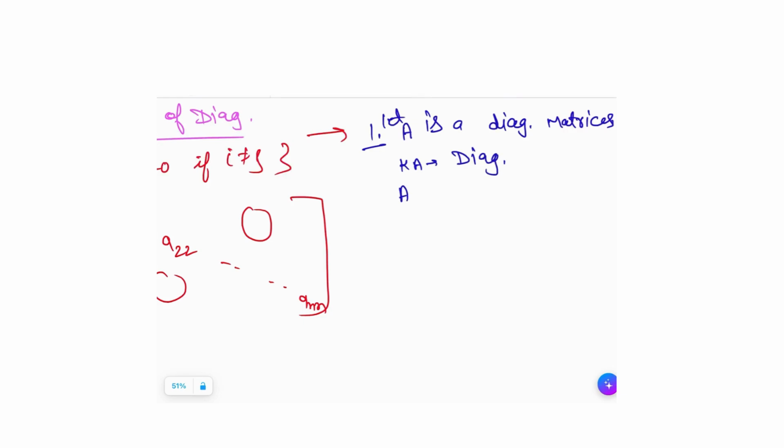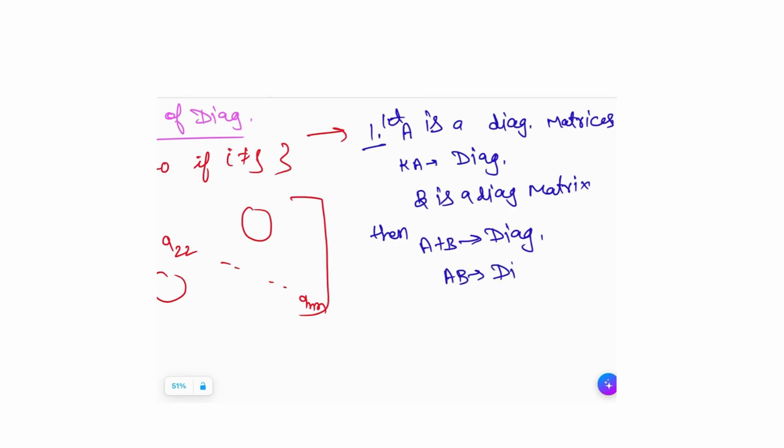If A and B are diagonal matrices, then A plus B is a diagonal matrix, A into B is diagonal, and A to the power m is also a diagonal matrix. Okay, now we come to our next matrix, the scalar matrix.